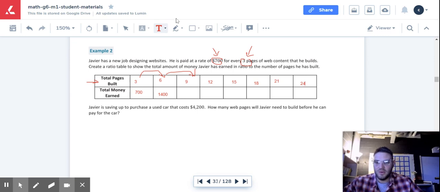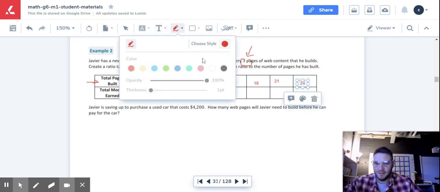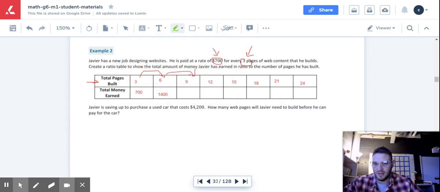Okay, and then here, what are we counting up by? Here, it looks like we're counting up by 700 because that's the amount of money he makes for each one, right? So 700, 1,400. Essentially, I'm just counting up by my 7s, but I'm just adding in zeros at the end.